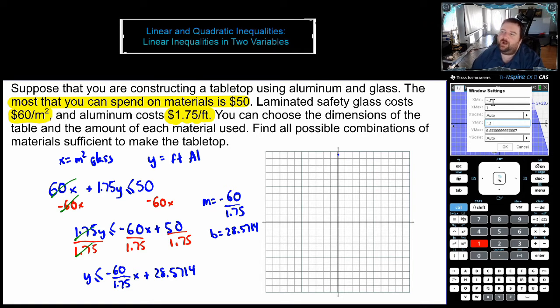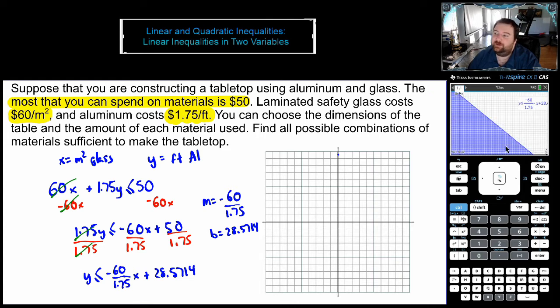The reason I'm doing x min of negative 0.1 and y min of negative 0.1 is so that it's basically zooming in on quadrant 1. Now my y max, what is my b value? It's 28, so maybe we'll make this 30. And this should zoom in on my region, which it did.